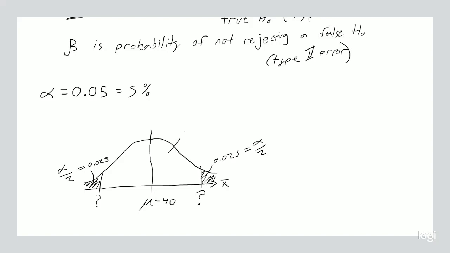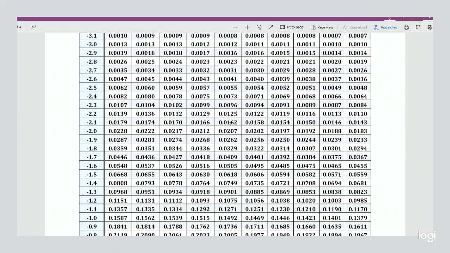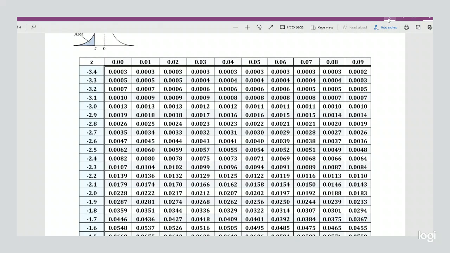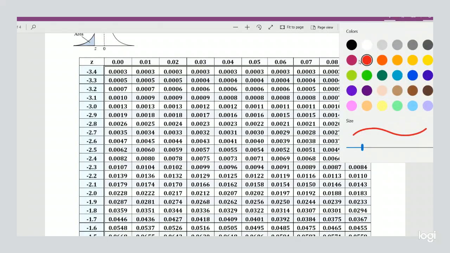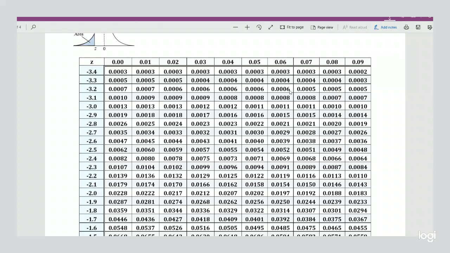Now we know that that central part, by the way, is 0.95 of the area under the curve because the entire area has to add up to 1. So for example, what's the Z value that will cut off this lower tail? Well, we just look up 0.025 on the Z table. And there we are.